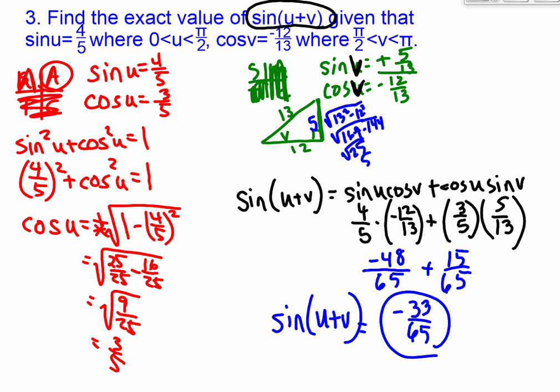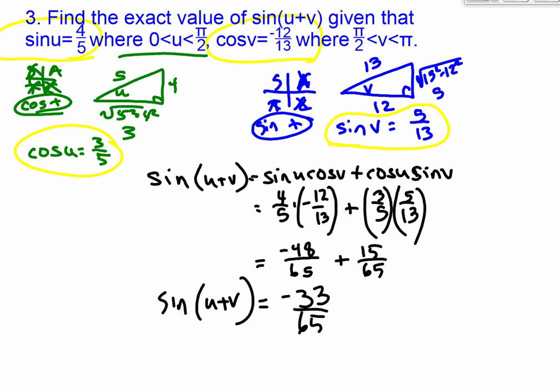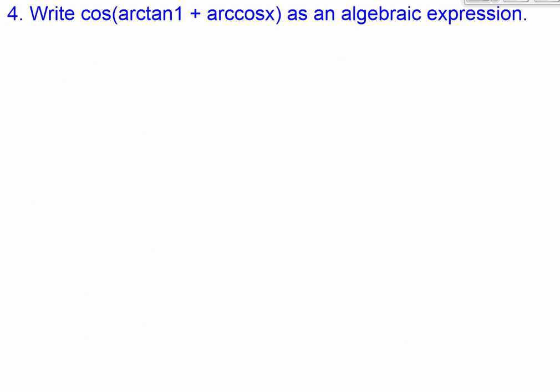So the next one uses arc trigonometric, so inverse trig functions as well. So here's our next one. Now, not only might we never know the angle, we might never really know actual values, and we might have to give an answer as an algebraic expression.